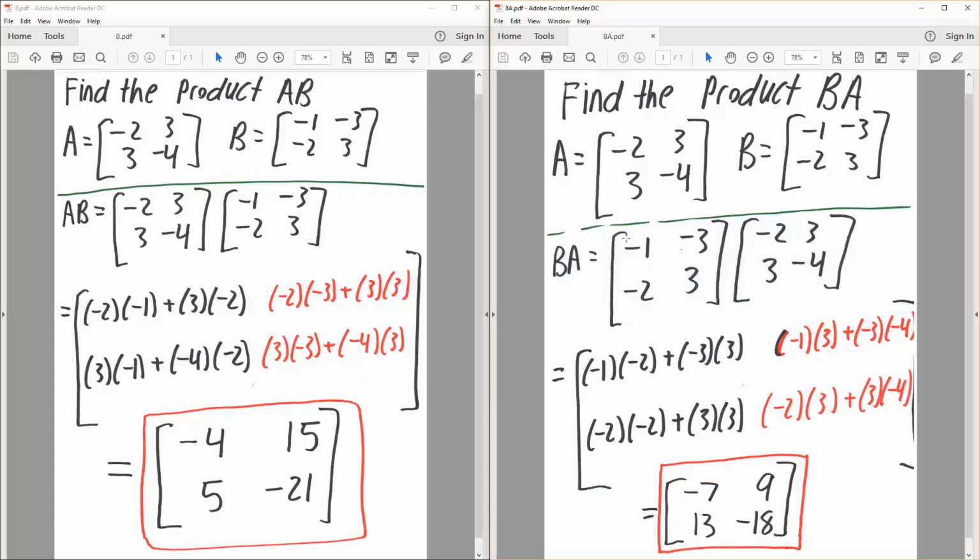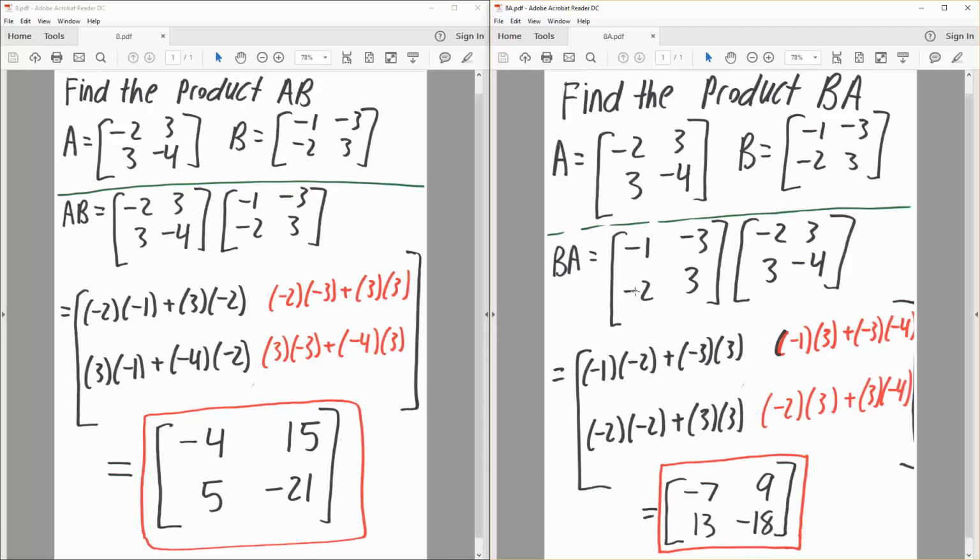So let's do it. The first element right here: -1 times -2 plus -3 times 3. Recap, -1 times -2 plus -3 times 3. Next we'll do this element: -1 times 3 plus -3 times -4. Recap, -1 times 3 plus -3 times -4 will produce this element right here.